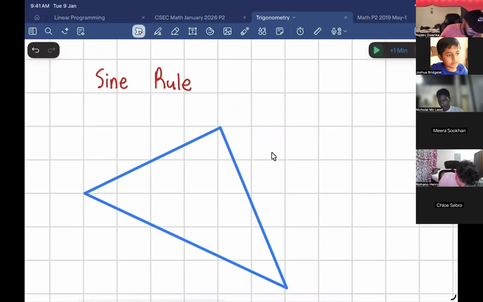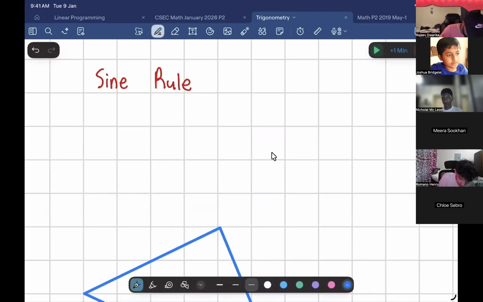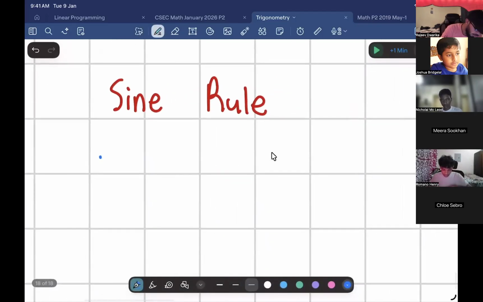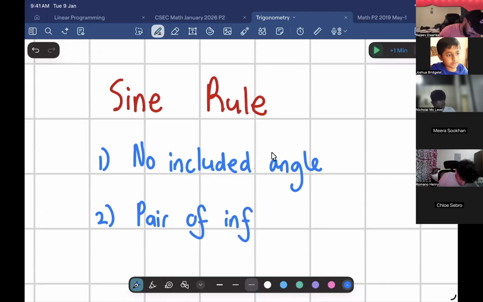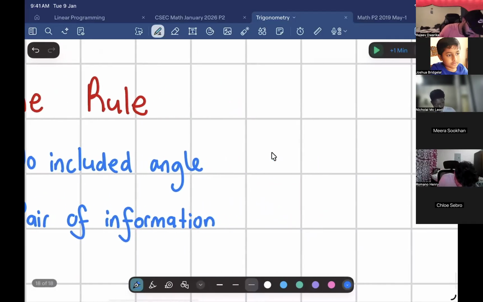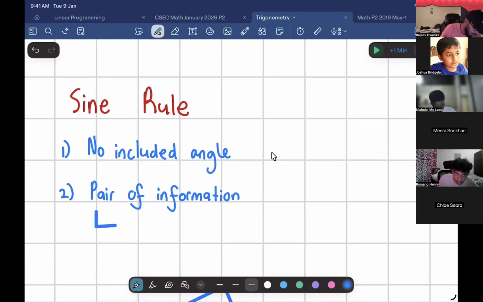All right, guys. So let's examine when you would use the sine rule, right? Number one, you would use the sine rule anytime you don't have an included angle. So no included angle. That's a big hint. You would also use the sine rule if you have a pair of information. When I say a pair of information, what I mean is you need an angle and its corresponding length.